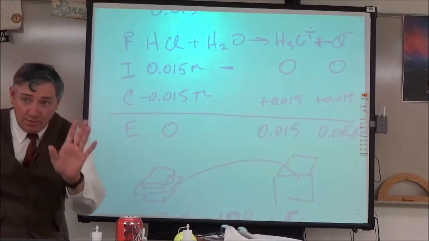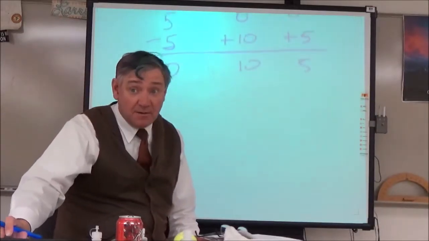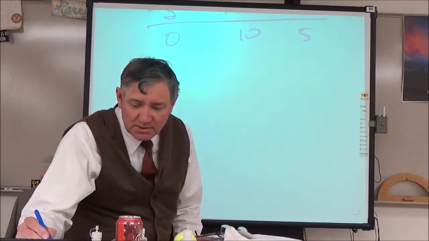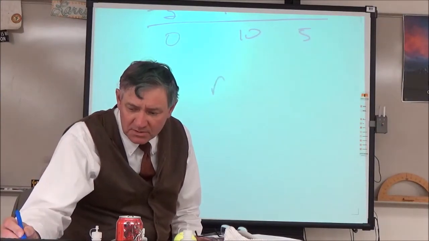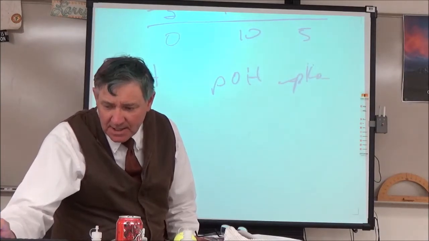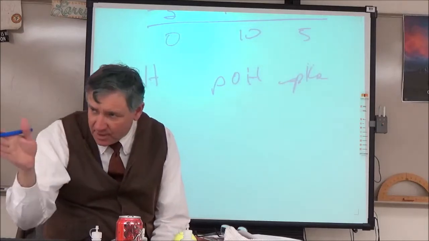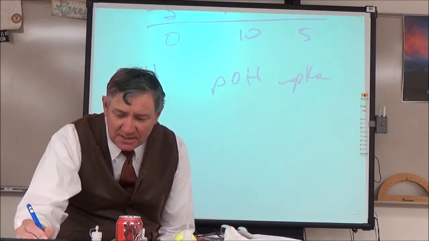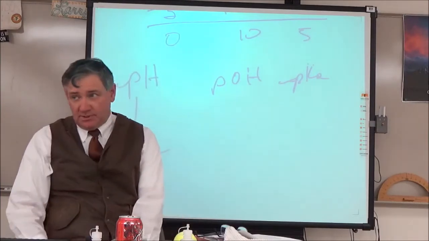Now, let's talk about what pH means. So now we need to have a quick discussion about pH. When you see pH, and we're also going to talk about pOH, we're going to talk about pKa, we're going to talk about a whole bunch of things that start with a P in front of it. What that P stands for is negative log, okay?